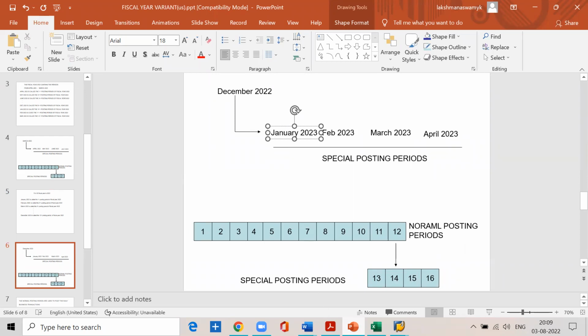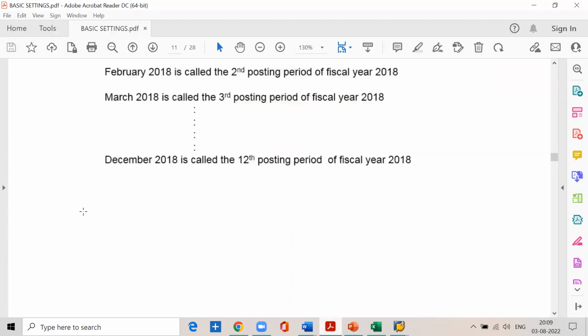This point also, please write down in the material. Some space is there, no? In page number 11, please write down. There cannot be any gap between the last normal period and the first special period.